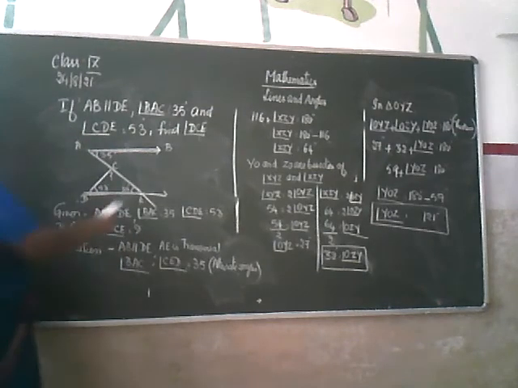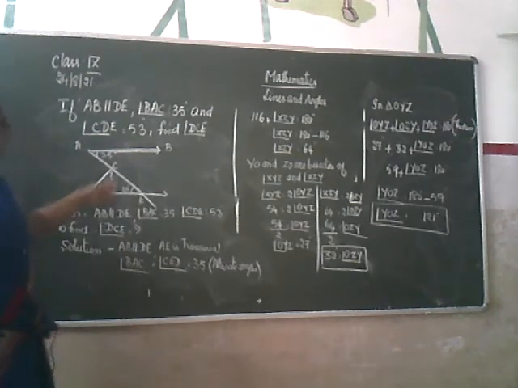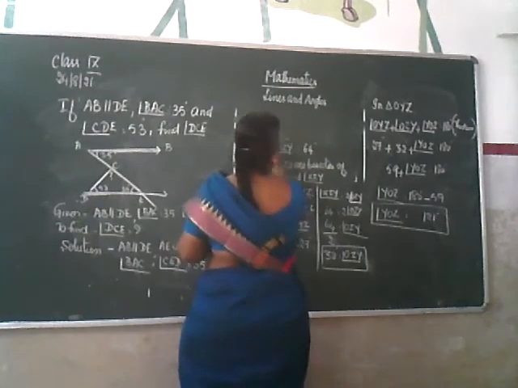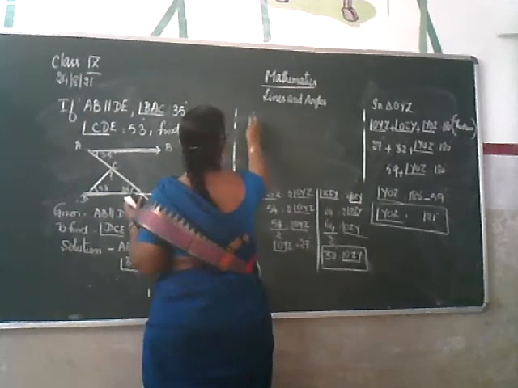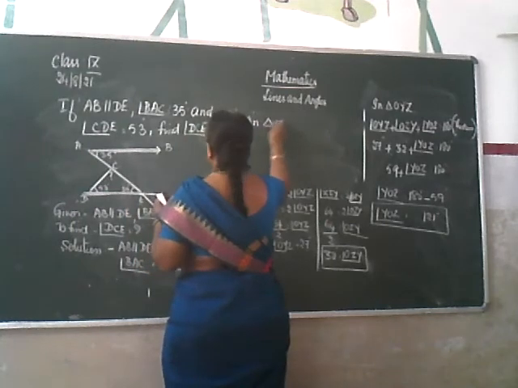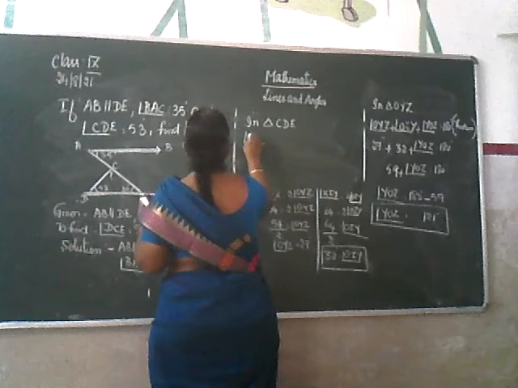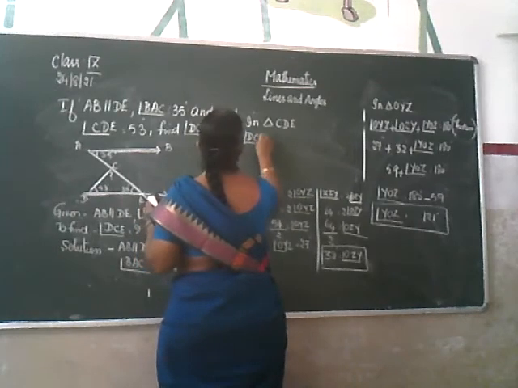So in triangle CDE, the sum of the angles of a triangle is 180 degrees. So in triangle CDE, I can say the sum of the angles is equal to 180 degrees.